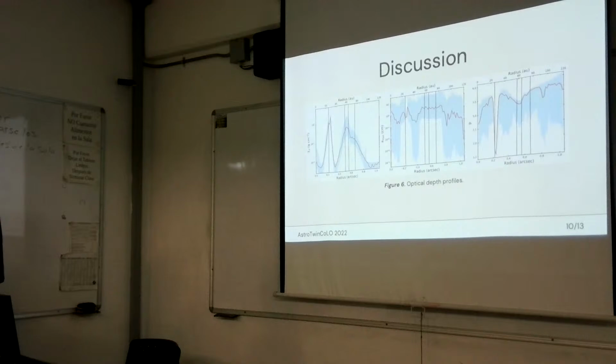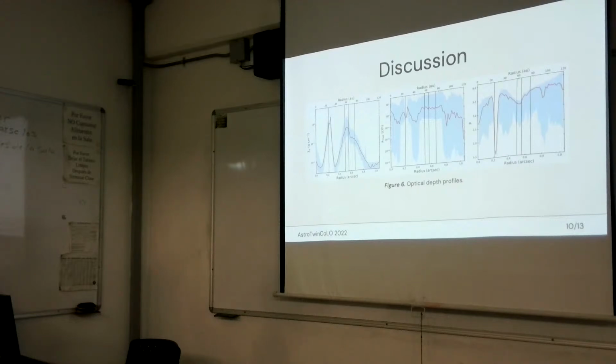In that plot in the middle, you see a_max as a function of radius. This is the parameter that they derived from this. The red line, the average, is between 0.1 and 1 centimeter.